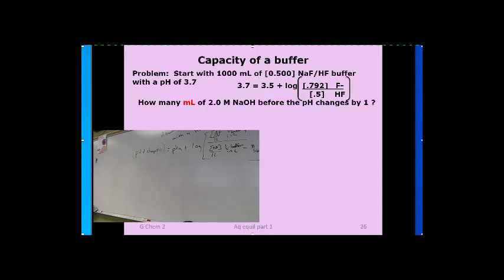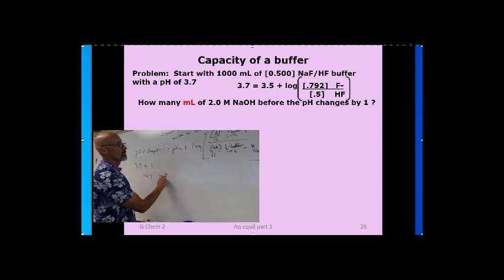Okay, start with 1,000 mL of 0.5 sodium fluoride HF buffer with a pH of 3.7. How many mL before the pH changes by 1? All right? So, starting at 3.7, I'm going to change by 1, so it's going to end up like this. It's going to be 4.7 when this is done. Everybody okay with that? Equals pKa. That's based on the HF.